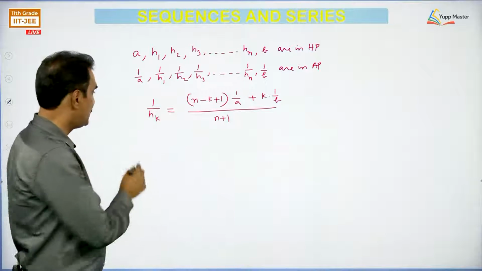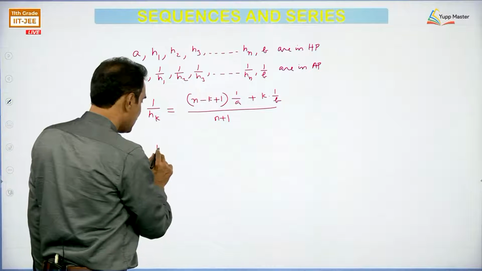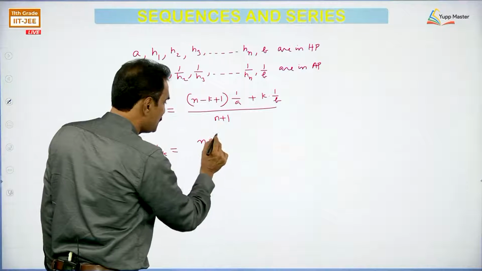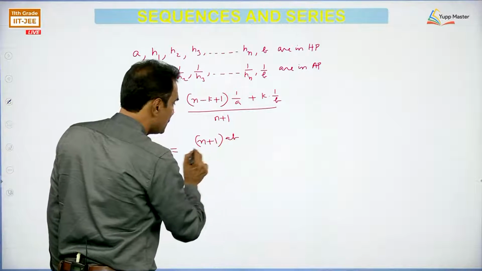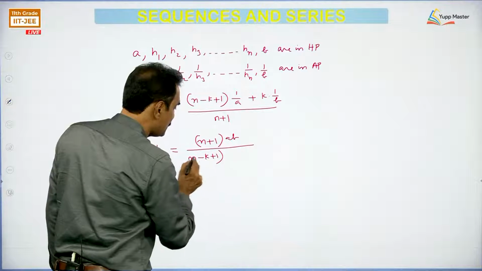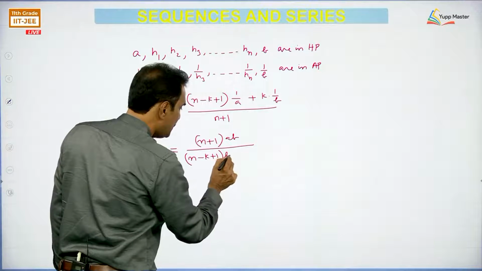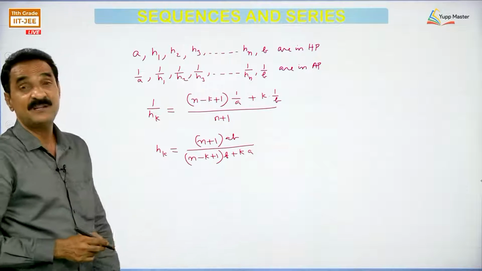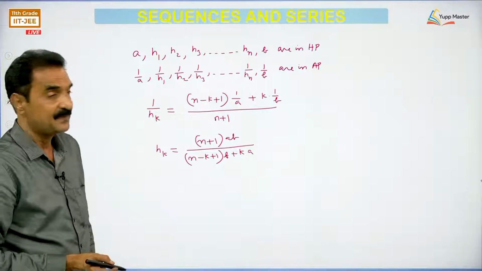If you simplify and take reciprocal, you will get Hk is equal to n plus 1 into AB by n minus k plus 1 into B plus kA. This is the kth harmonic mean from left.